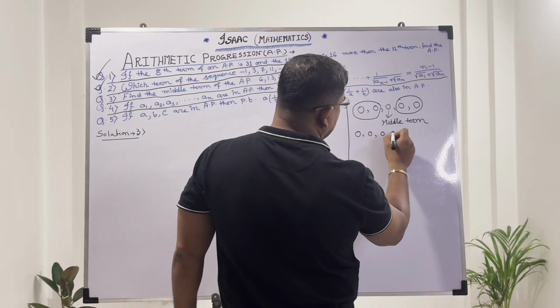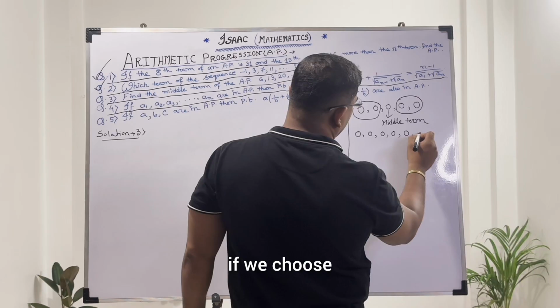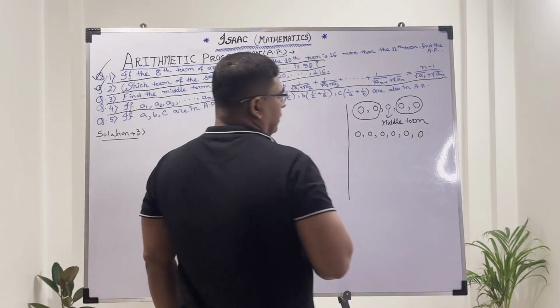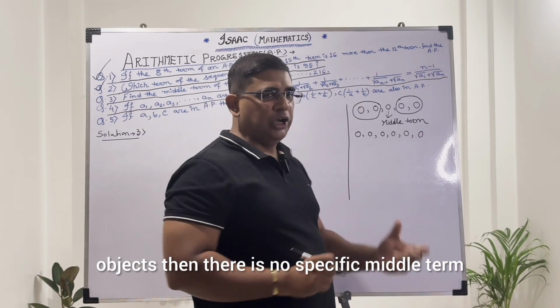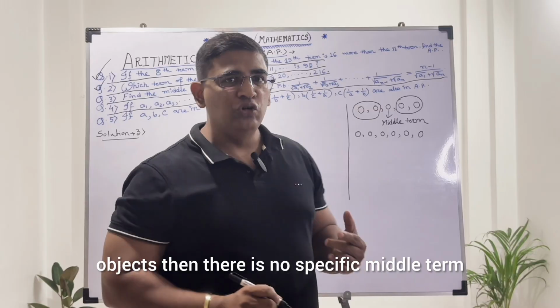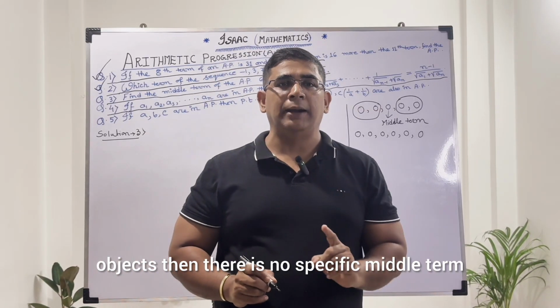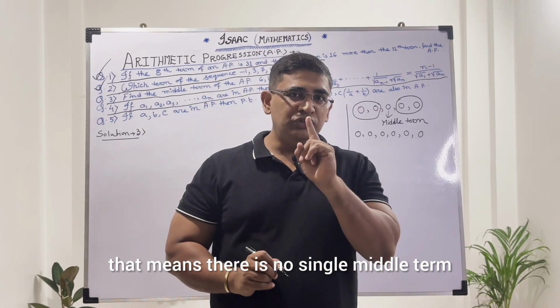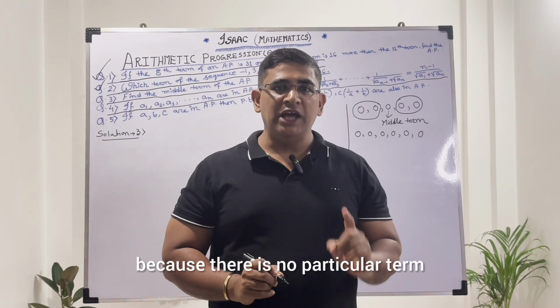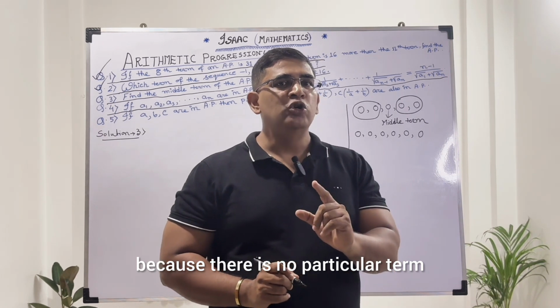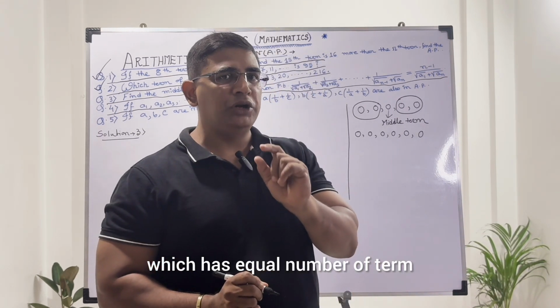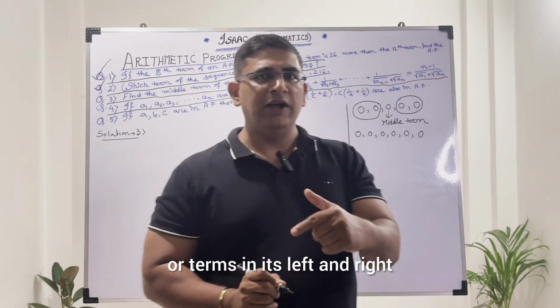Similarly, if we choose these six objects, then there is no specific middle term. That means there is no single middle term, because there is no particular term which has an equal number of terms in its left and right.